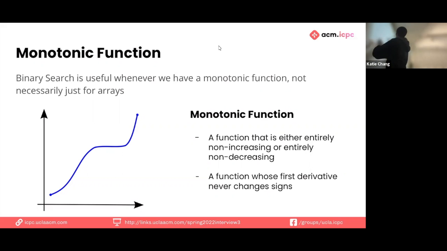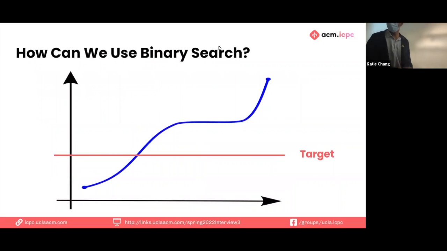And just to show what that means on a monotonic graph right here, notice how when we go from the left point to the right point, our y value is always increasing or staying the same. It never decreases. So the first derivative is always going to be non-negative because we're never having a point on the graph where we decrease. It's just a quick definition to get out of the way that is going to be very helpful when we talk about how we use binary search.